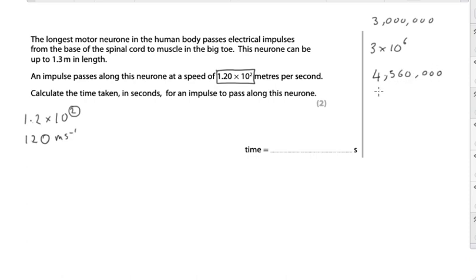So we could write this as 4.56 times 10 to the power 6. But we'll keep revisiting this whole idea of scientific notation because it keeps coming up. Okay, so that's the first thing.